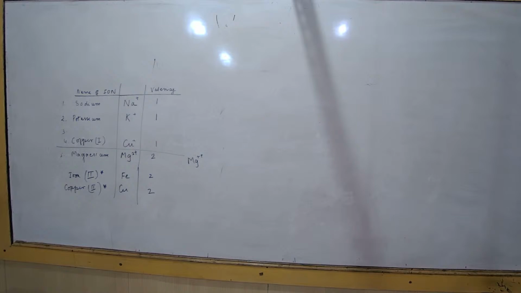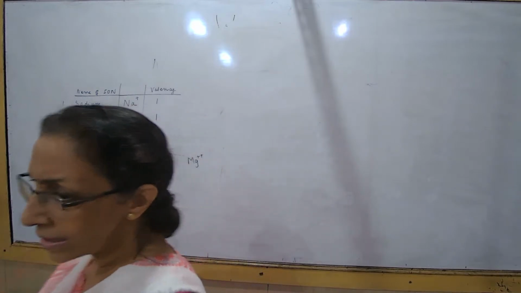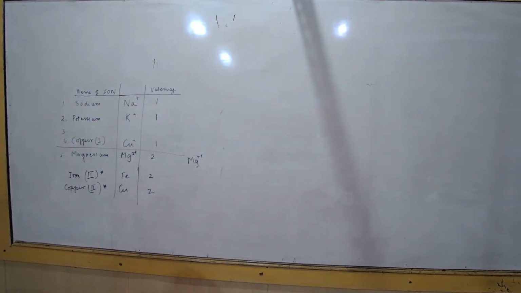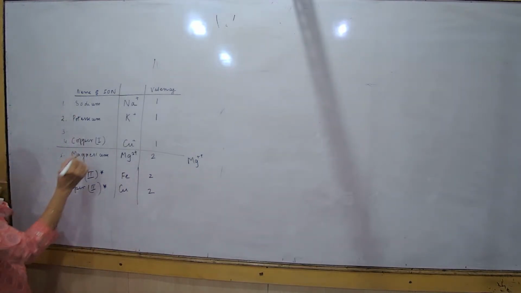Copper 2. So this is what is known as variable valency. Variable valency is very few, copper, iron. They will have 2 different types of valency. It's variable.